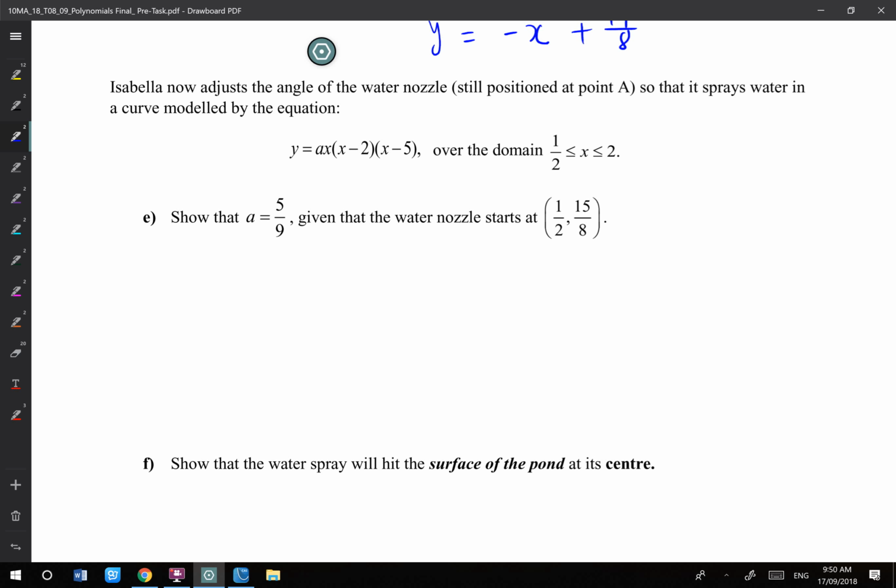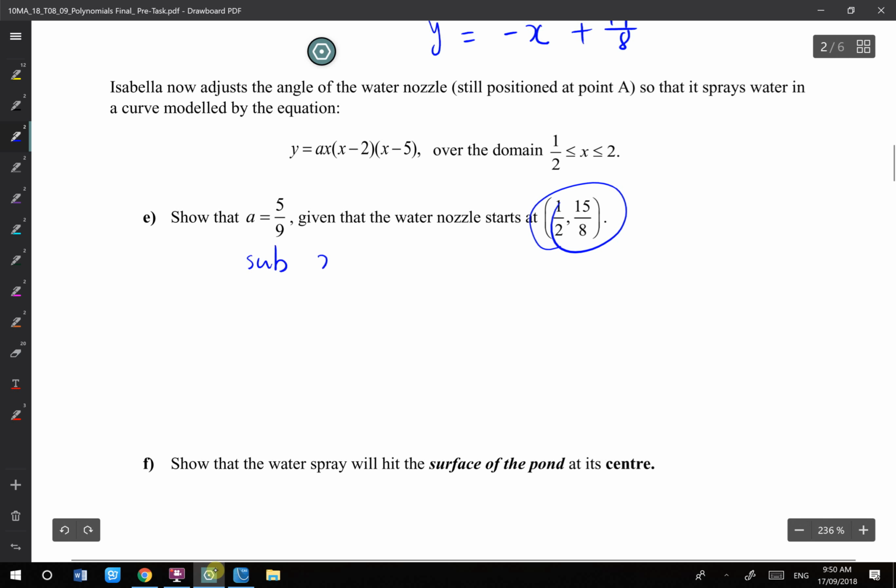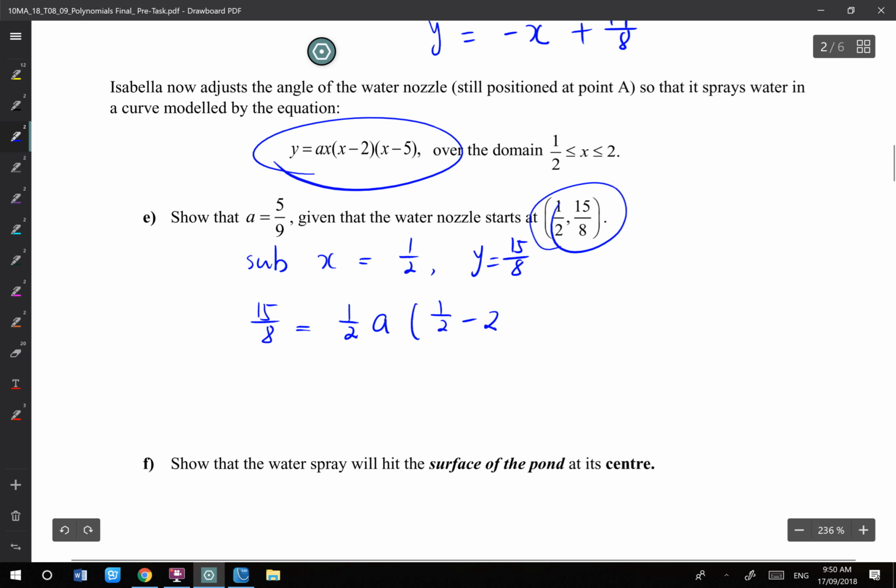All right. So the first one is show that a equals 5/9. Given that the water still starts with that point, what I will do is sub x equals 1/2, y equals 15/8, because I know this is a point on this function, since it starts from this point. So 15/8 equals 1/2 times a times (1/2 minus 2) times (1/2 minus 5).